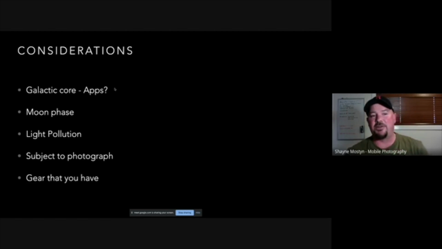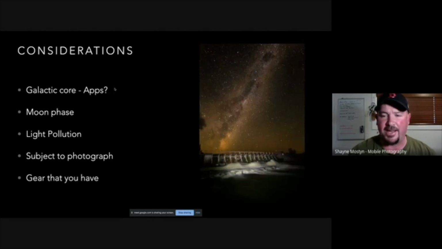We'll talk about considerations, I guess, for how I plan these sorts of photos. There are different apps. We talk about light pollution, subjects to photograph, and things like that. But the first thing I want to talk about is the apps to find that galactic core. So this is a weir that's near our place, how we control some of the water.